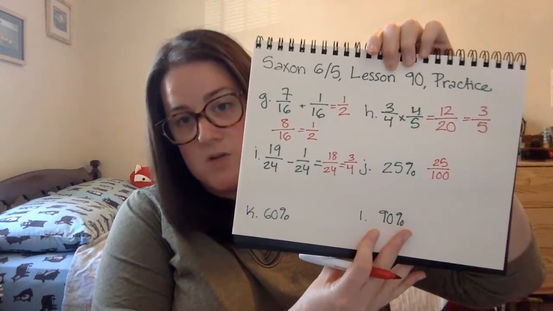And my last 3 problems ask me to write the percentage as a reduced fraction. So when we have a percentage and we want to write it as a fraction, initially our fraction's denominator is going to be 100. So if we're starting with J, 25%, my first fraction is going to be 25 over 100.